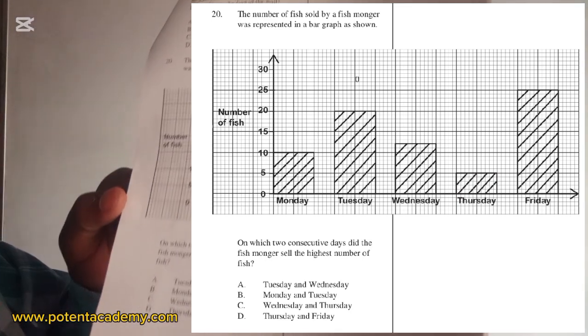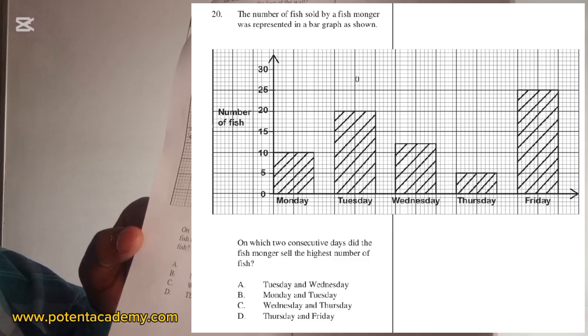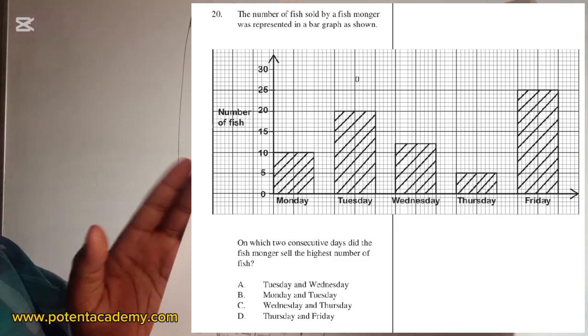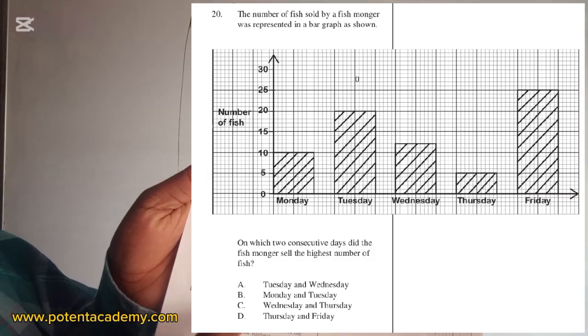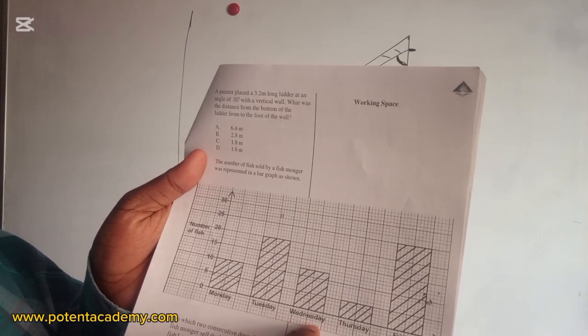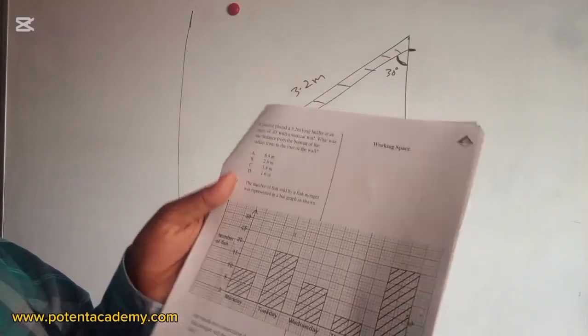On which 2 consecutive days did the fishmonger sell the highest number of fish? 2 consecutive days. So the days must be consecutive, like Monday and Tuesday you add, or is it Tuesday and Wednesday, or was it Wednesday and Thursday, or Thursday and Friday?